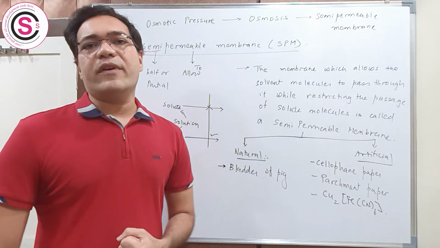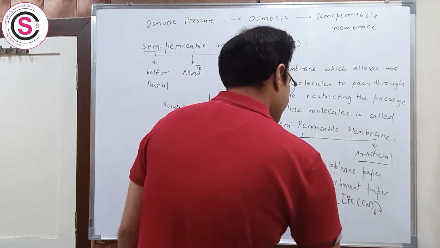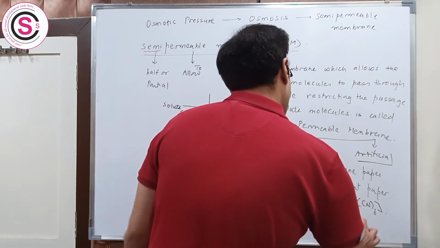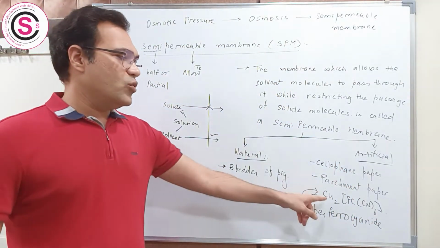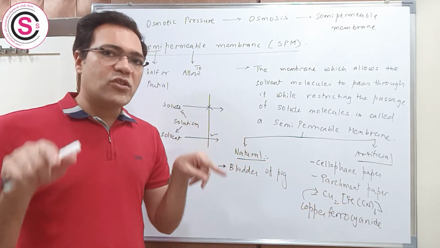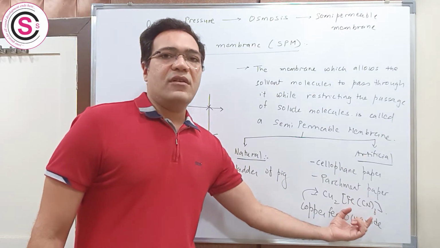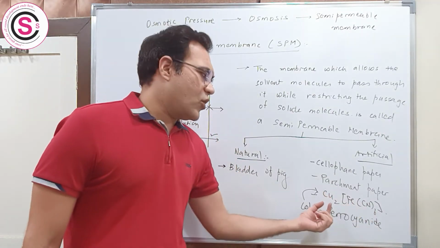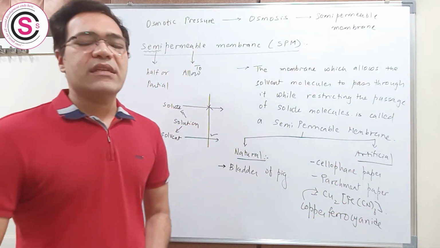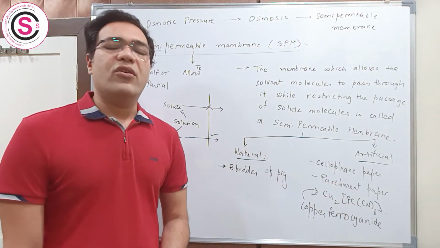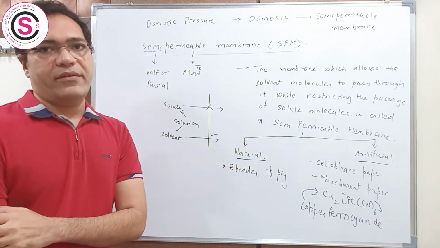Right now we will not worry about the IUPAC name of this compound, but I can name it copper ferrocyanide. Why have I put a square bracket? This is the complex part of the substance, and copper is the counter ion put to balance the valency. Don't worry about all these things right now. You will study this later in your 12th standard. So this is all about semi-permeable membrane.